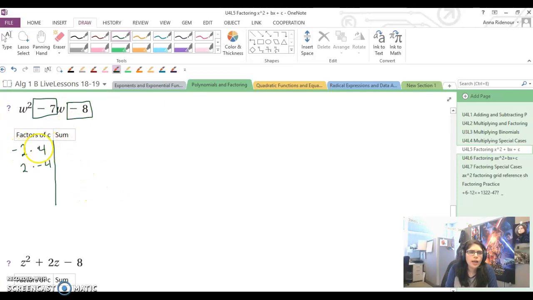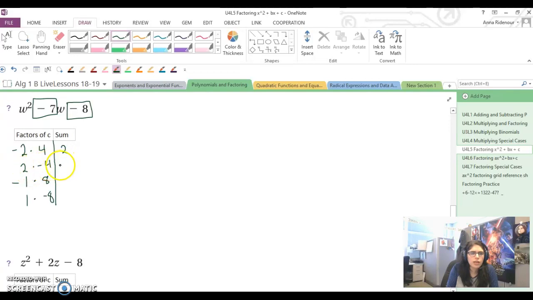So negative 2 times 4, 2 times negative 4, and then I think the only other two factors are negative 1 times 8, and just to keep it straight, 1 times negative 8. All right, so negative 2 times 4, if I add those two together, that gives me a positive 2.